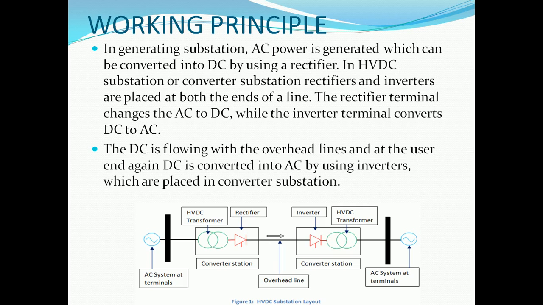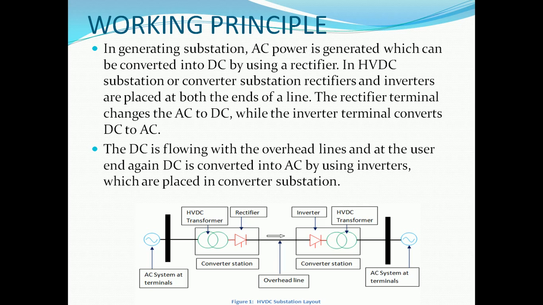The DC flows through the overhead lines, and at the end user, the DC is again converted to AC using inverters which are placed at the converter substation. The power sent at the sending end and received at the receiving end remains the same. Hence, the DC transmission system is used for long distance transmission because it decreases the loss and improves the efficiency.